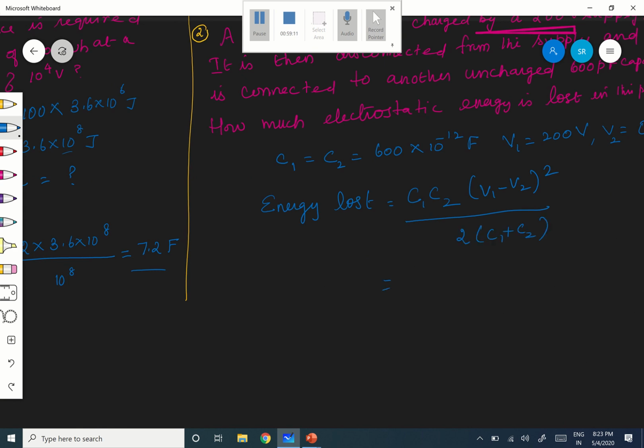This formula you have to use, as we have seen just now. Therefore, energy lost is equal to 600 into 600 into 10 power minus 12, so I can write C1 C2 as 6 into 10 power minus 10.